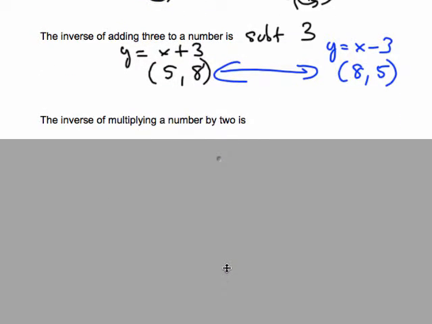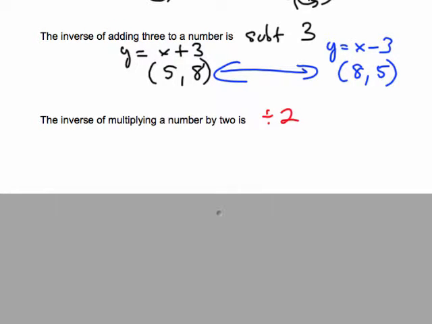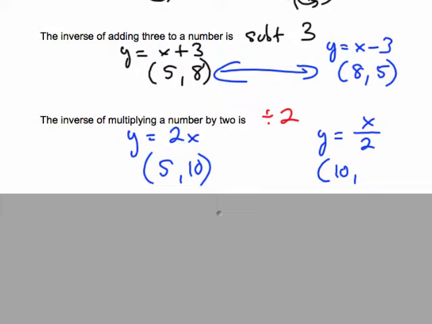The inverse of multiplying a number by 2, what brings back what I started with? Most of you would probably say dividing by 2. Okay, so let's just look at this with equations. If I take 5, multiply it by 2 to get 10, what undoes that? Taking the number, dividing by 2, 10 divided by 2 gives me 5.